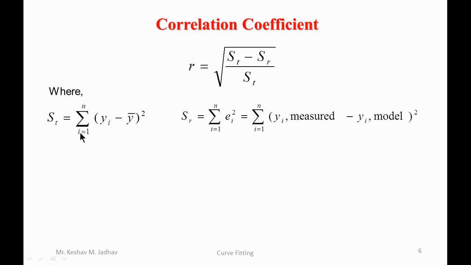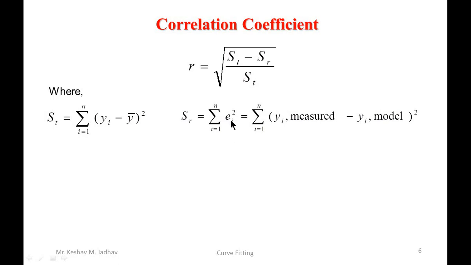Here ST is equal to summation of i going from 1 to n, (yi minus y bar) whole square. Here yi means given values and y bar means mean value of y. Then SR means summation of i going from 1 to n, ei raised to 2.